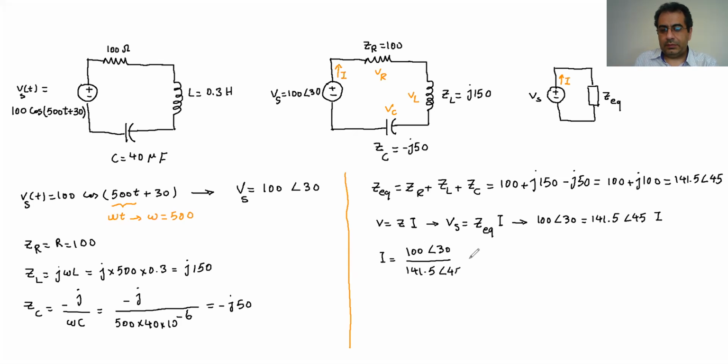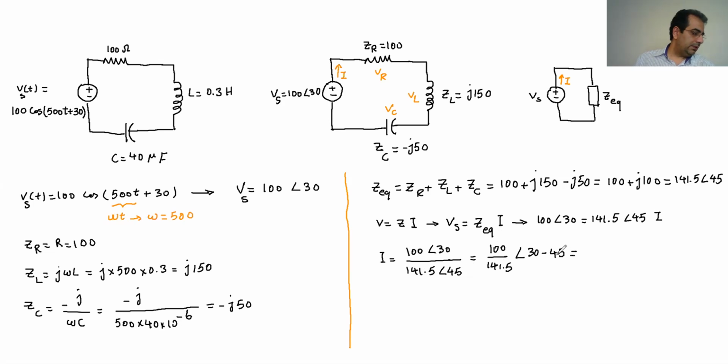So again, the easiest way is to just plug these two into your calculator and your calculator gives you your final value. But if you want to do it manually, remember when we divide two complex numbers, we divide the magnitudes, so it's going to be 100 divided by 141.5, and the angle is the difference between them, so it's going to be 30 minus 45.